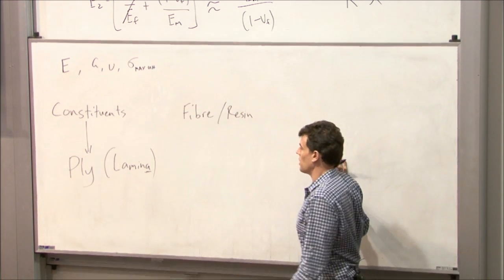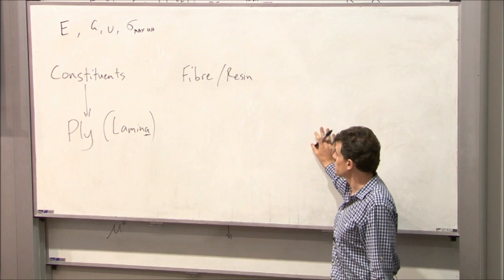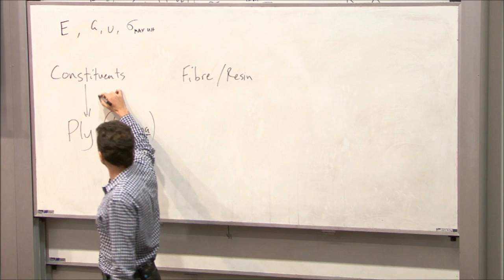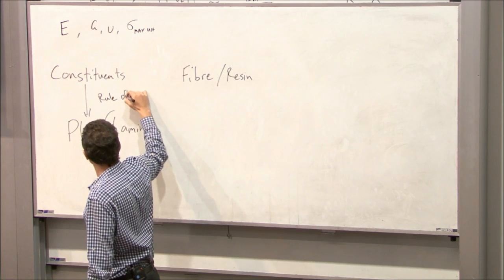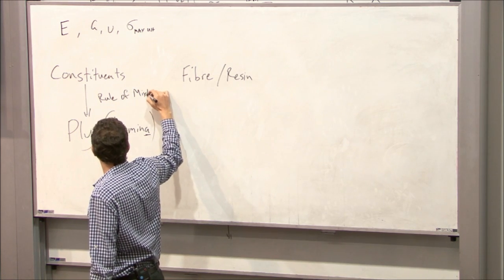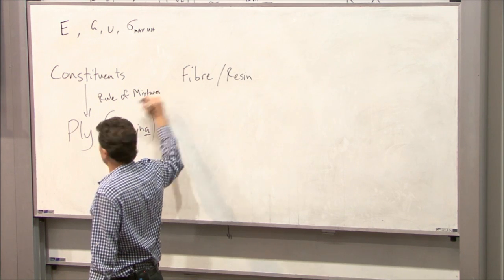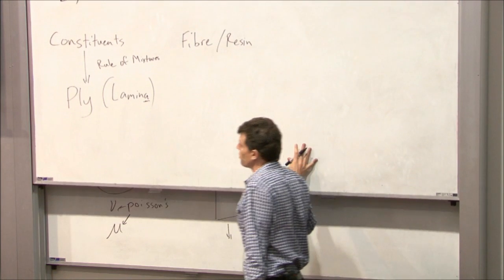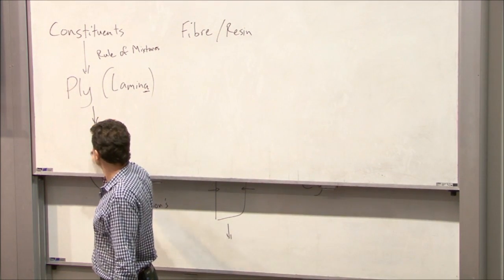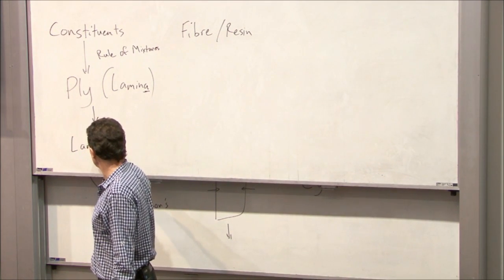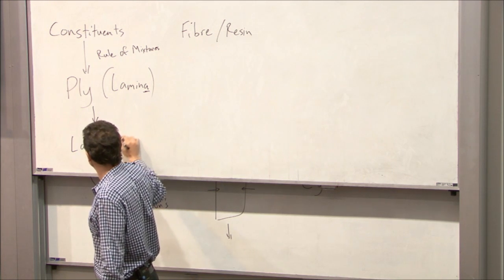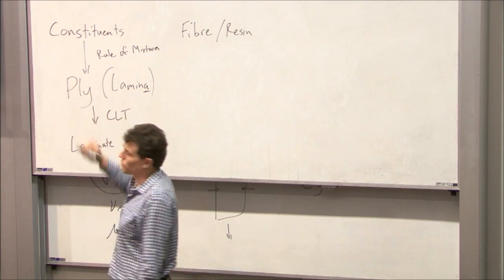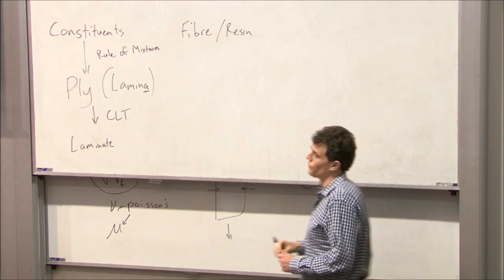It's not a laminate. Now we can do that using the rule of mixtures, those formulae we had earlier. Now, to go from a ply to a laminate, we use classical laminate theory, which is what we're going to cover now.